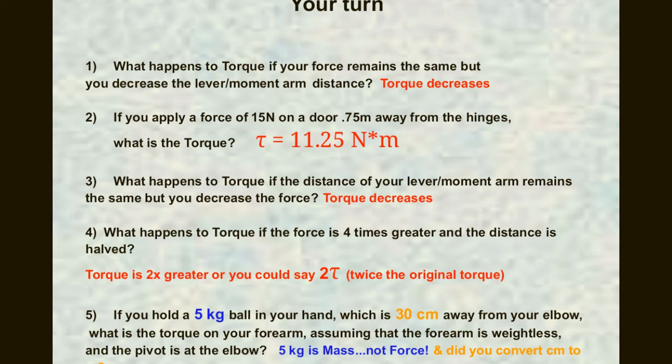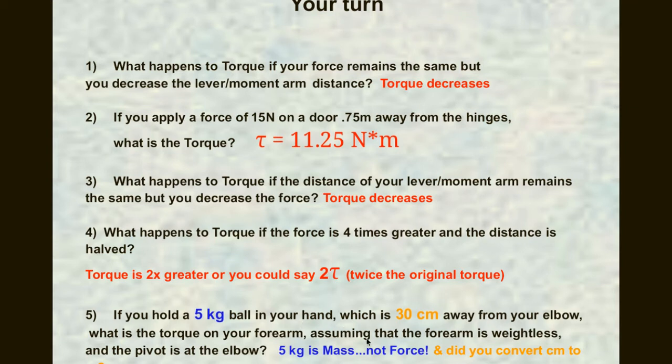And then in the new method, the force is now 4 times greater. So our F would be 4, but the distance is half. And if the distance was originally 1, half of that is 0.5. So 4 times 0.5 would be 2. So the torque is 2 times greater, or if you could say it as 2 tau, twice the original torque.